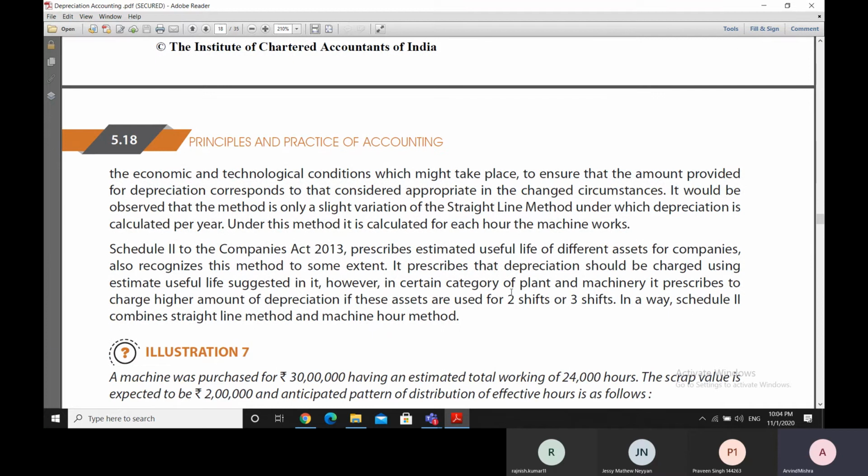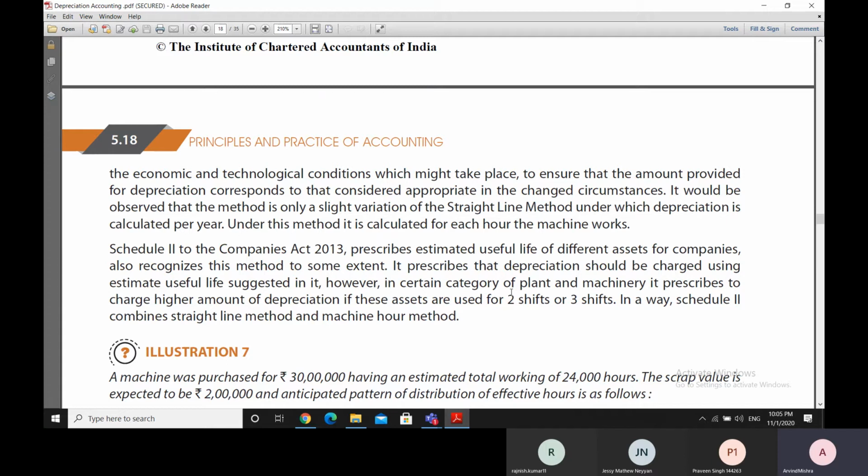Now, Schedule 2 is there in the Companies Act 2013, and that Schedule 2 prescribes the estimated useful life of different kinds of assets for companies. And it also recognizes this method to some extent, the machine hour method. So therefore, the Schedule 2 of the Companies Act 2013 has given this method a degree of credibility.